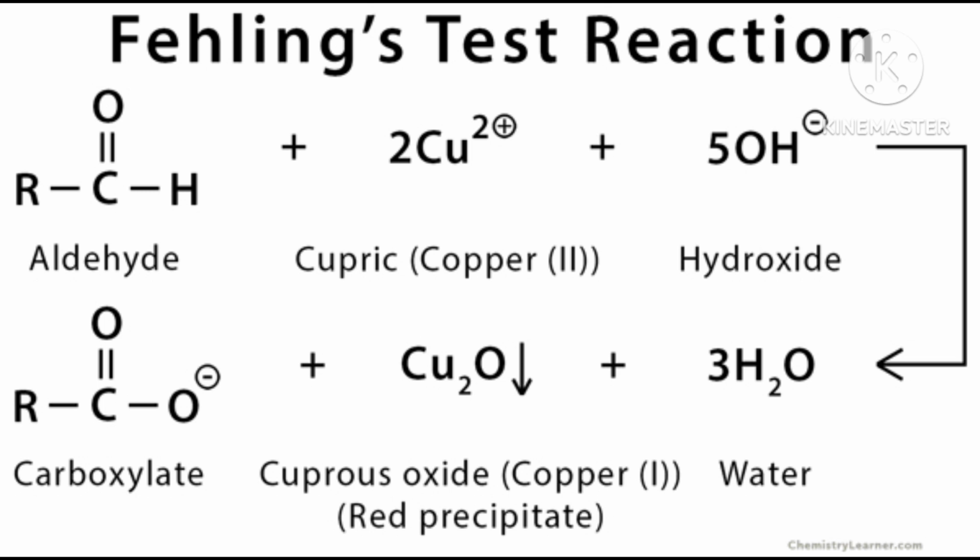Now oxygen also has one electron. The remaining hydrogen also has one electron. That will make a bond with this oxygen's one electron; hydrogen one electron and oxygen one electron will make an OH bond.